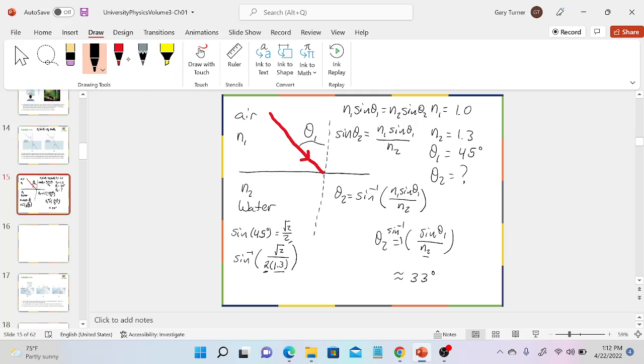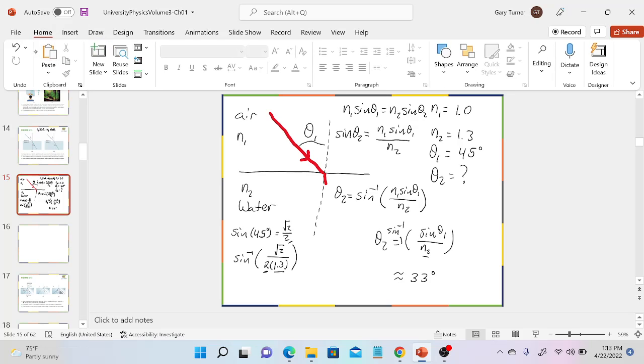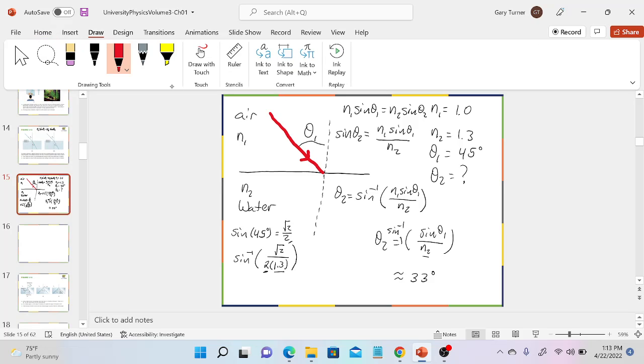Okay, so my refracted beam is going to do, maybe not quite that sharp, something like this. And this is now theta 2 at 33 degrees. Now my artwork is not that on point, but you can see what's happening here.